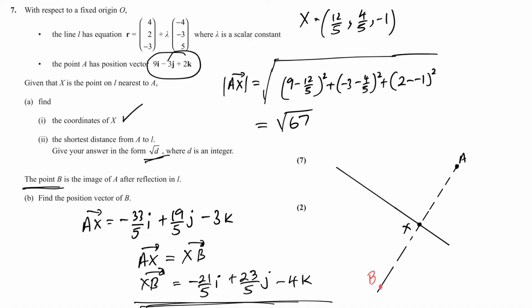And that is then the position vector of b. So I'm just adding that distance onto this, and that will take me here. So a to x we worked out, so x to b then is just x plus that AX distance.